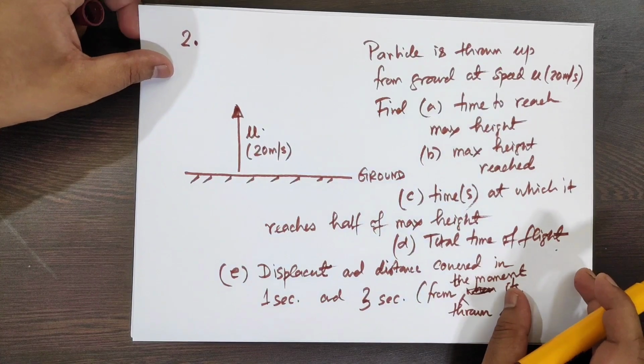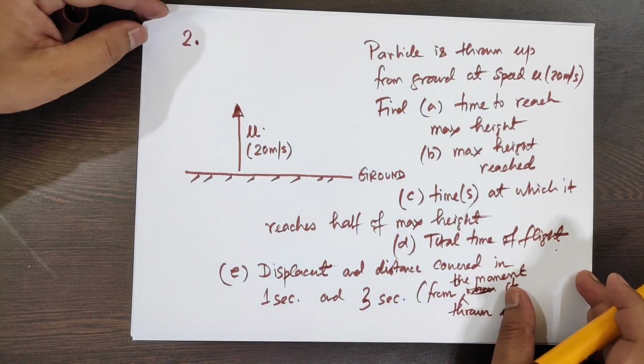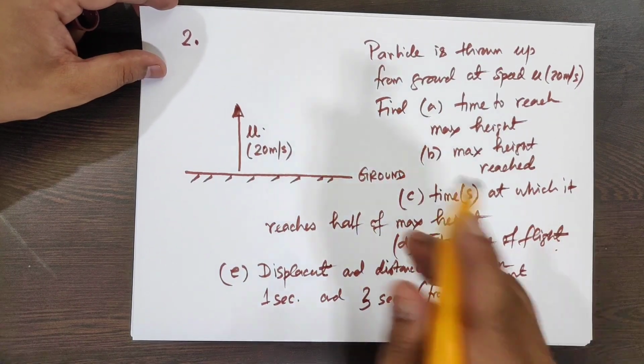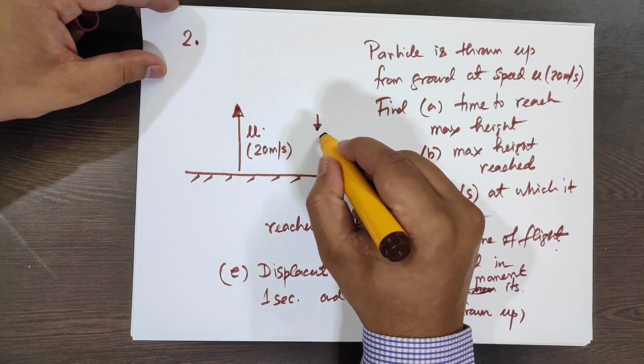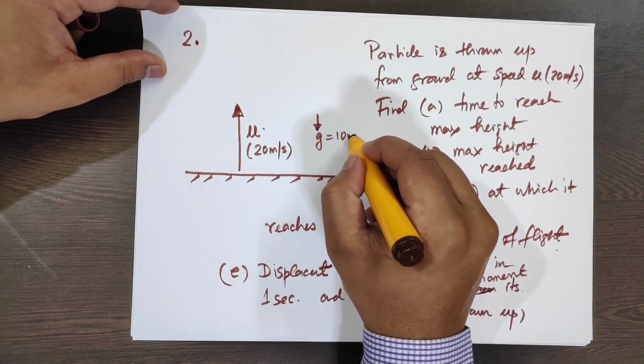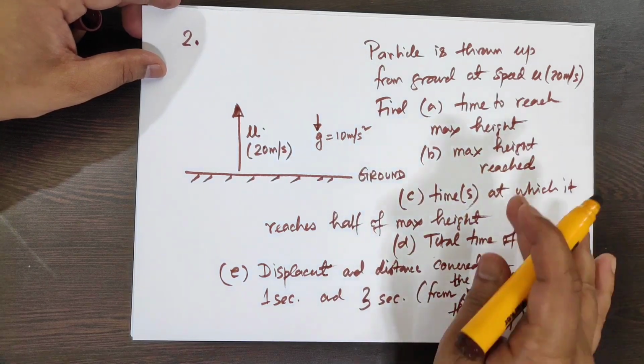So many questions in one. Particle is thrown up from ground at speed u, and obviously this is g, acceleration due to gravity g. It happens to be 10 meter per second square.